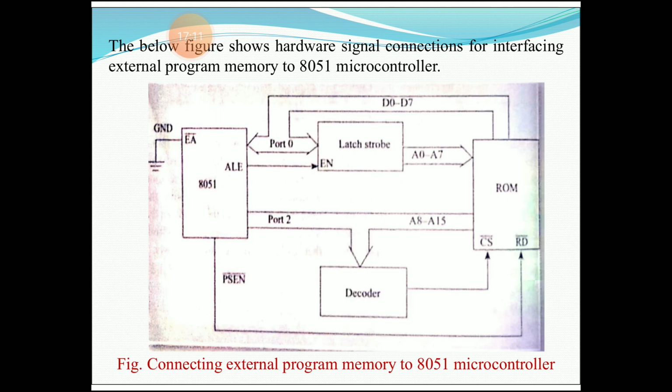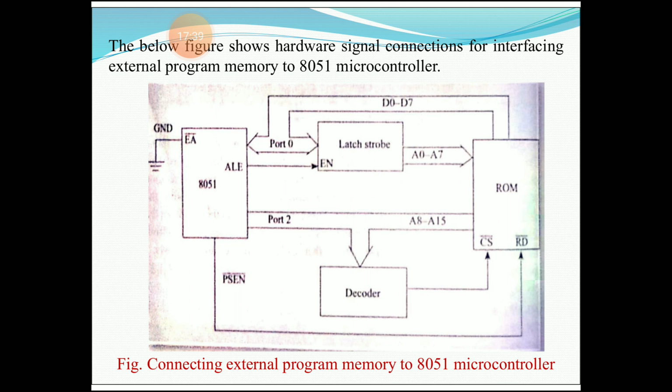Now the below figure shows the hardware signal connection for interfacing external program memory to the 8051 microcontroller. This diagram consists of external program memory, the microcontroller, a latch device and a decoder. From the microcontroller, port 0 and port 2 carry address lines.